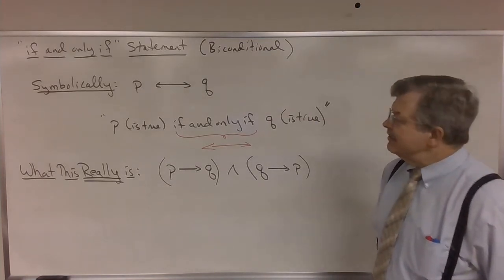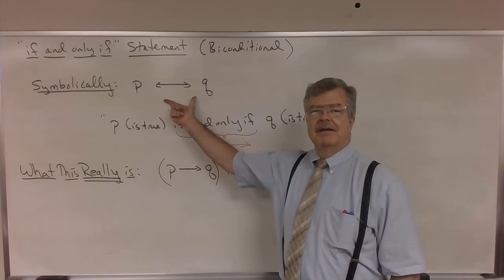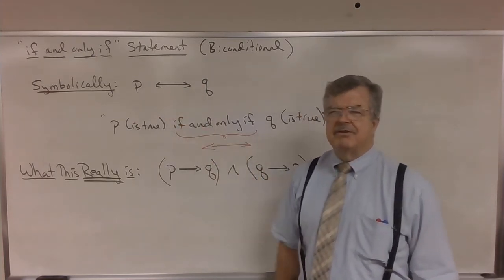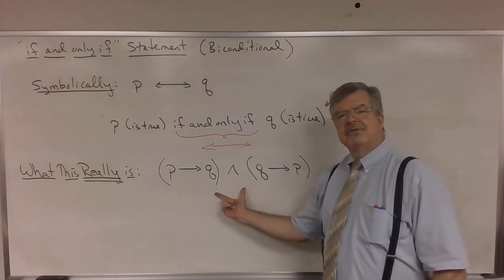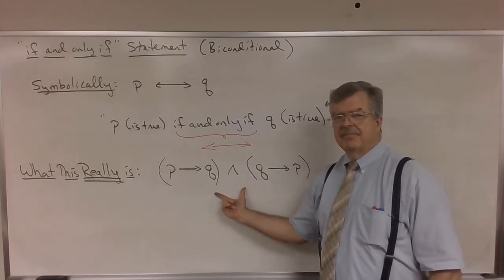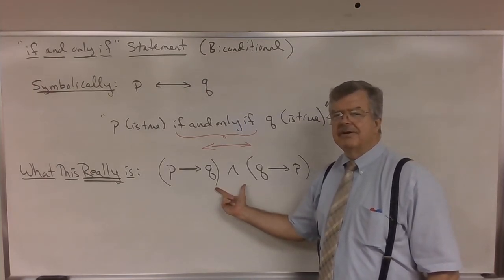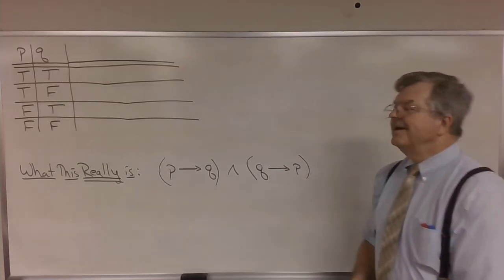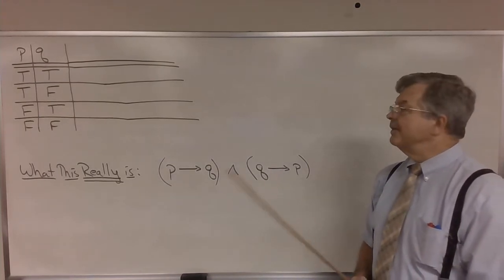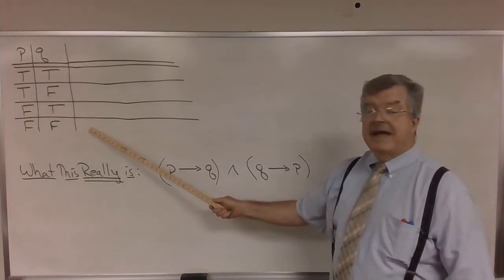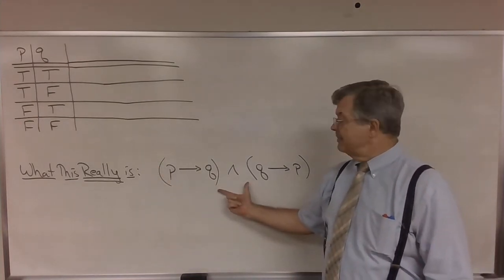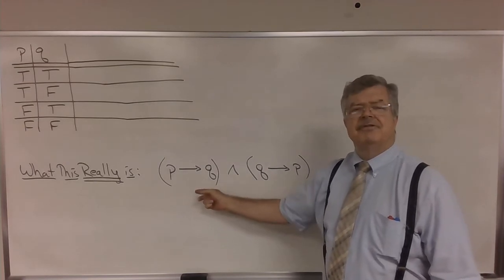So, to get a truth table for this thing that's kind of hard to explain, what I'm going to do instead is write a truth table for this thing. Because I think in the long run, this thing will be easier to construct. Okay, here's how we're going to do it. We set up the truth table. Notice that our compound statement is made up of just P's and Q's.